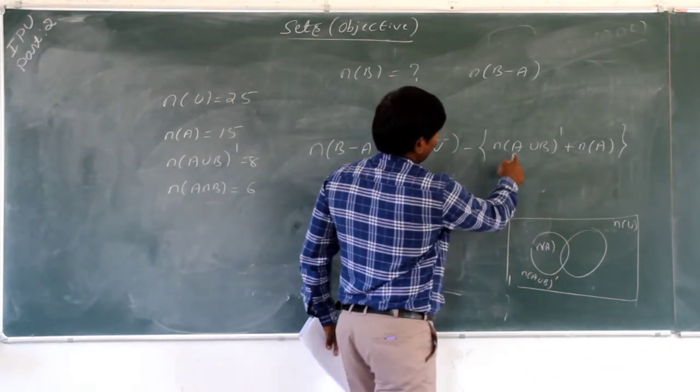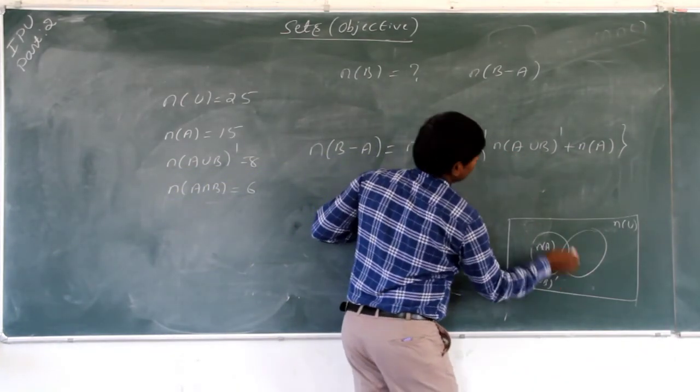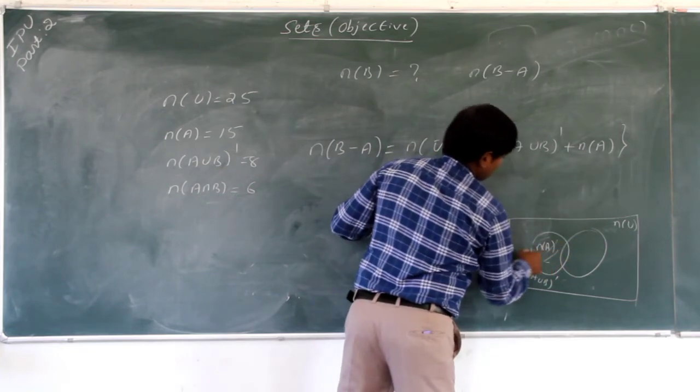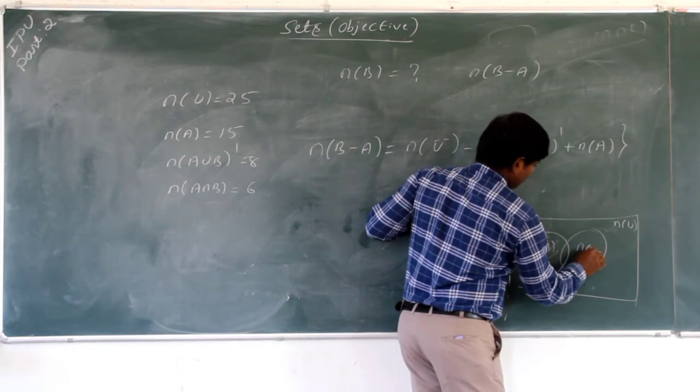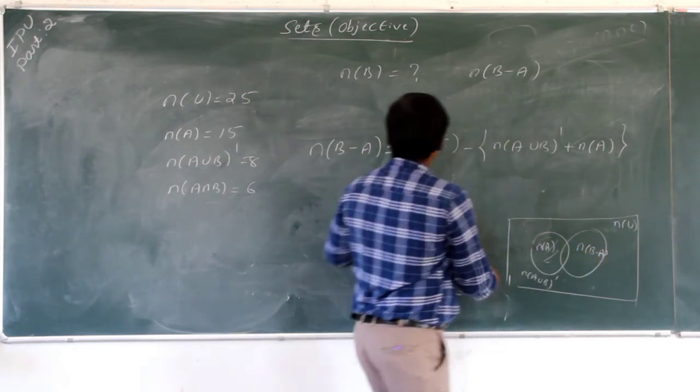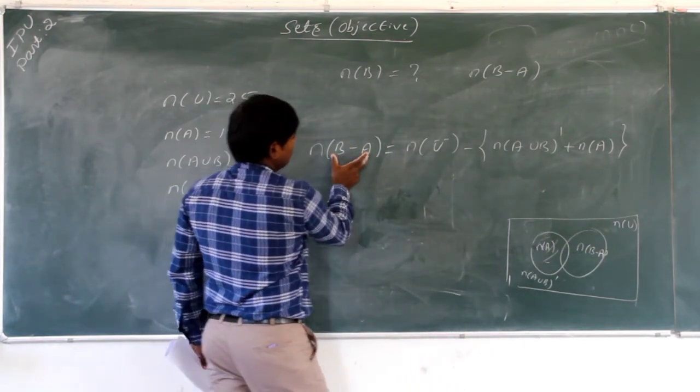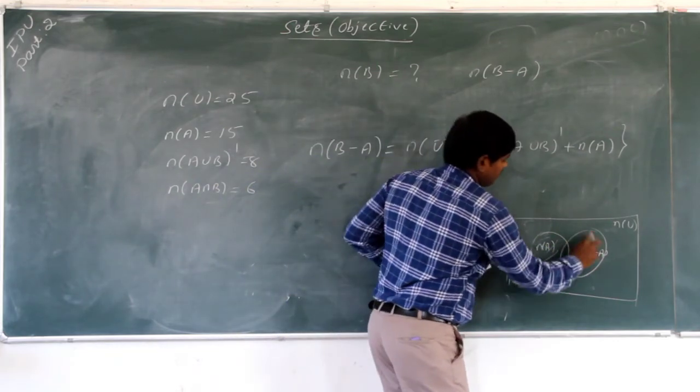A union B is this region, and n(A) is only this region. So we need to calculate the region n(B minus A), which is nothing but the elements which belong to the set B only.